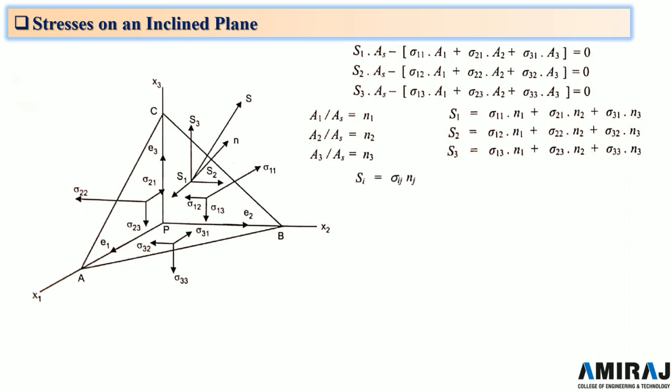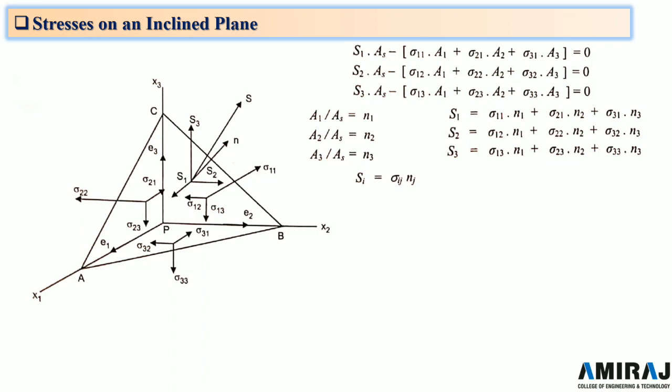Si is equal to sigma ij times nj. In the above equation and in the following, a repeated subscript in a term means that there is a summation of the terms over the values of the subscript, and the right hand side of this equation is the sum of three terms formed with j equal to 1, 2 and 3.